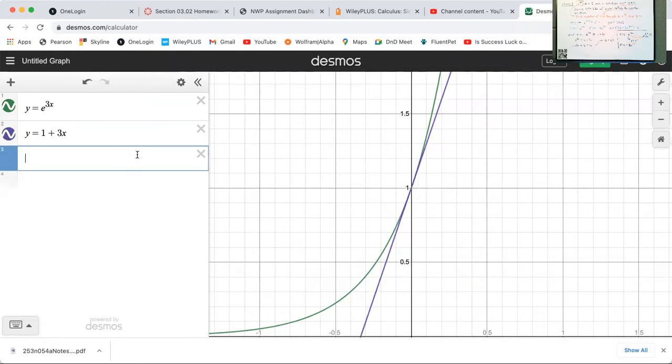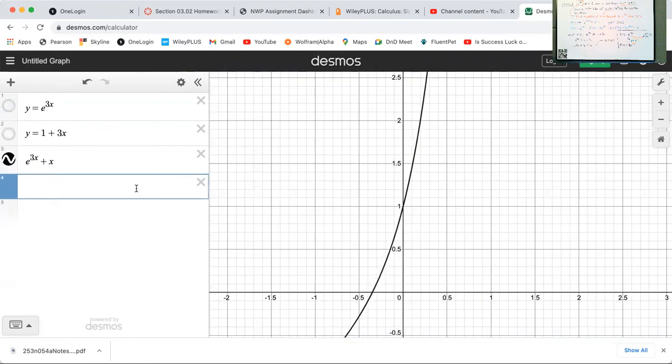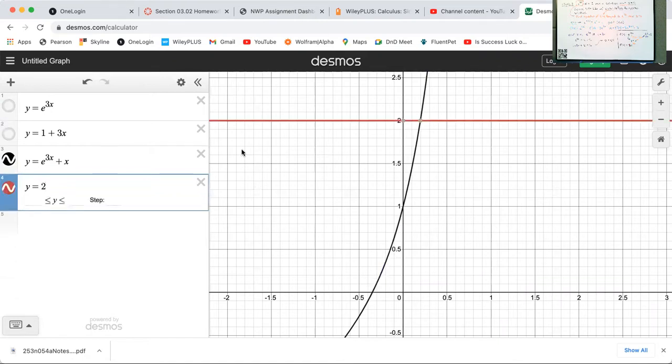This is important because if we look at the equation e to the 3x plus x, we're told that there's a solution near 0. So I'm going to graph the function y equals e to the 3x and the function y equals 2. We know that there's a solution near 0. So I approximate e to the 3x plus x with its linear approximation to find the point of intersection.